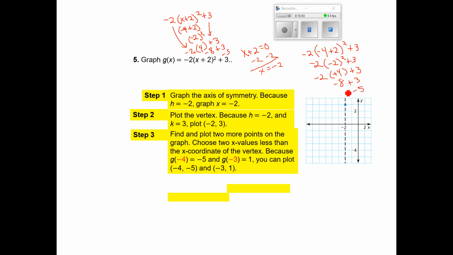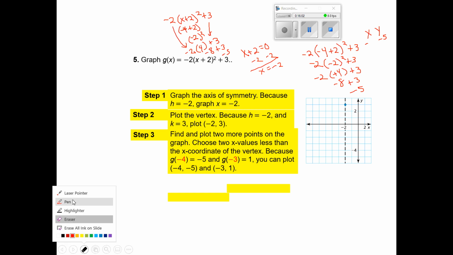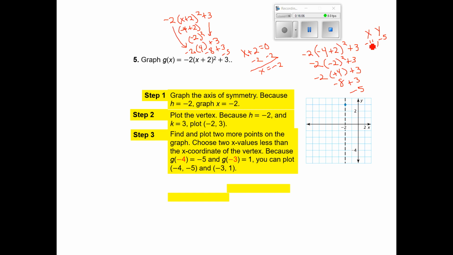So now we know that when x is negative 4, y is going to be negative 5. I'm sorry, I just wrote the wrong value, it should have been negative 4. And y will be negative 5. So that's a coordinate, so I can pop that in.